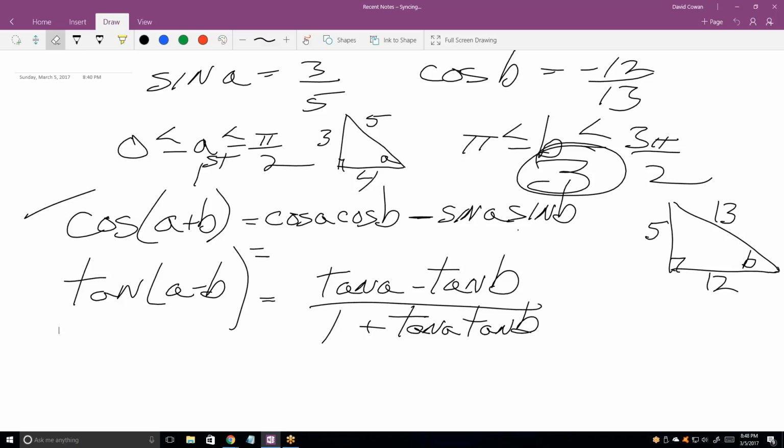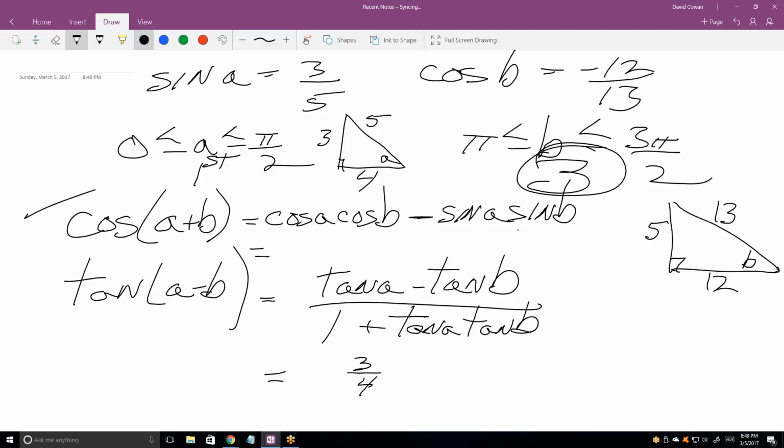Now, we can still use these two triangles. What's the tangent of A? 3/5. Not 3/5. Tangent of A. Oh, sorry. 3/4. Okay, and it's positive.